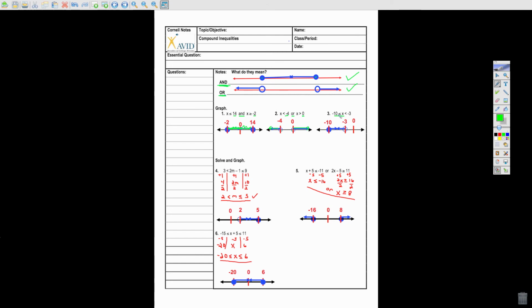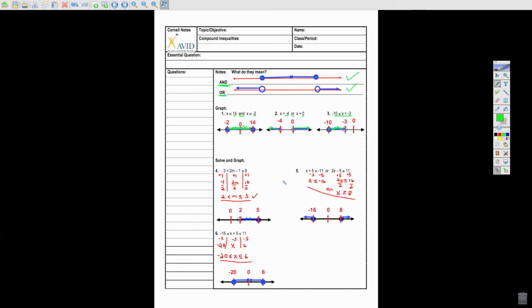X is greater than or equal to -10, so that's going to be a solid circle because it's greater than or equal to. X is less than -3, again just less than, doesn't have the line underneath there, so that's going to be an open circle right here at -3. X is greater than -10, so we're going to be shading this way. X is less than -3, and we're going to be shading this way. So we're shading in between -10 and -3.